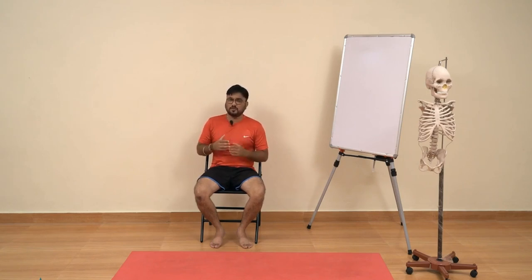Now if I ask you what are the different bones that form the pelvic girdle? Sometimes people say only the hip bone is there. No, there are some other bones too that form your pelvic girdle, guys.